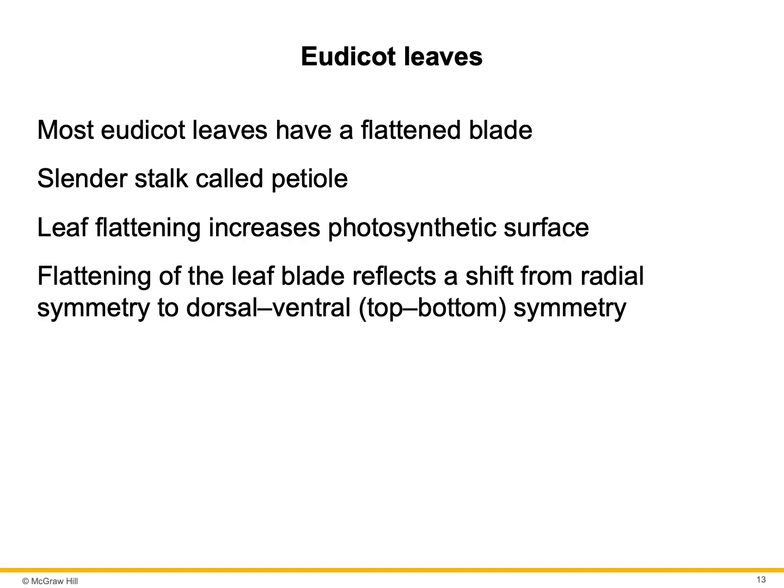This increases the photosynthetic capacity of the leaf. This flattening of the leaf blade reflects a shift from radial symmetry to dorsoventral, top-bottom symmetry, which is also an adaptation to increase photosynthesis and the amount of sunlight that these leaves receive.